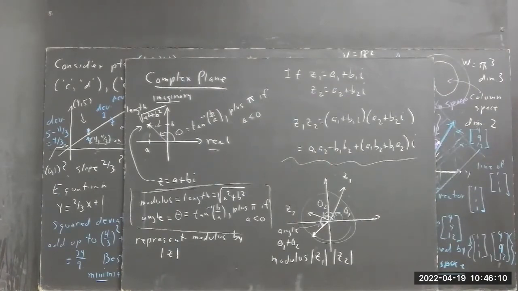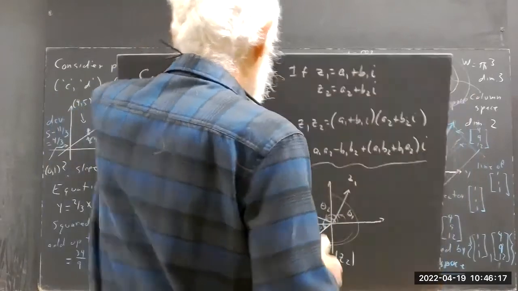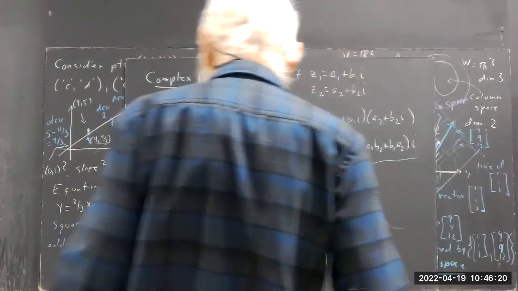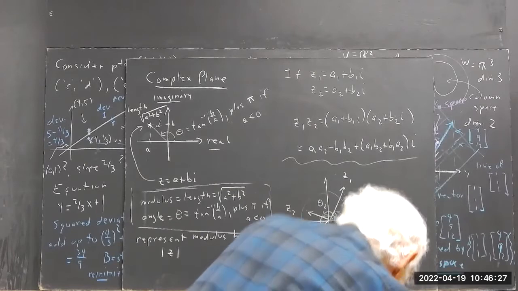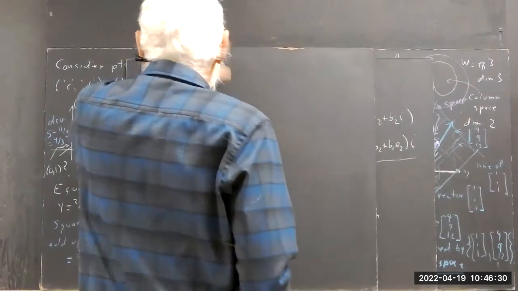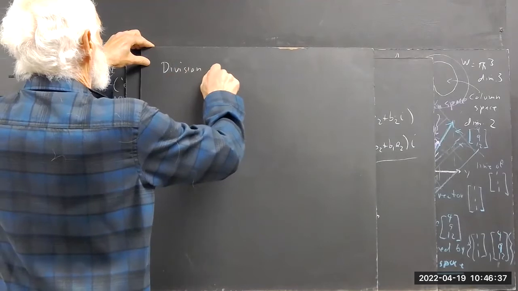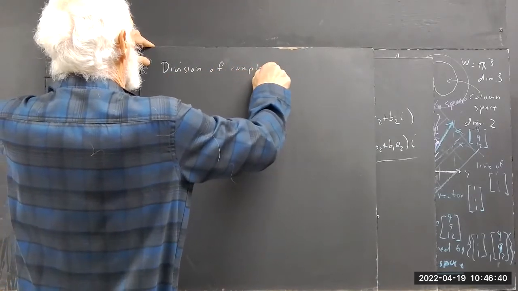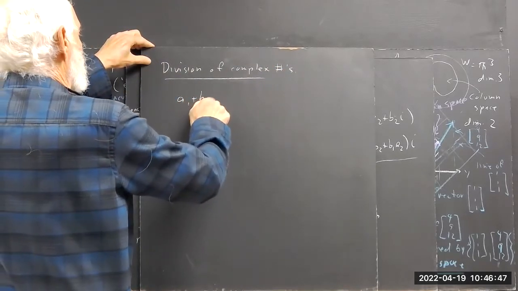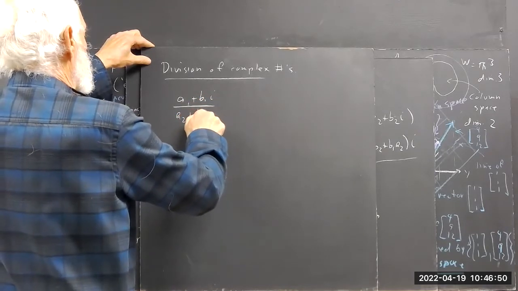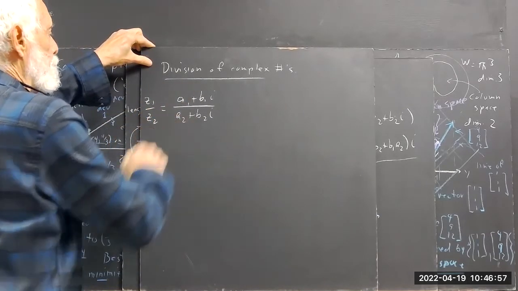Okay, and division of complex numbers is a little more complicated. Z1 divided by Z2 is this, right?